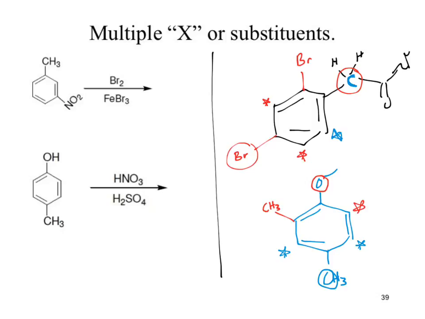Why is oxygen a better activator than carbon? It has the lone pair to actually donate through resonance. That is why it is a better activator. Okay? So our directing effect happens based off of our activators primarily. Then it goes based on whichever is the strongest activator.